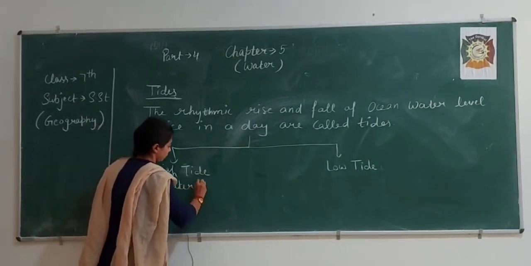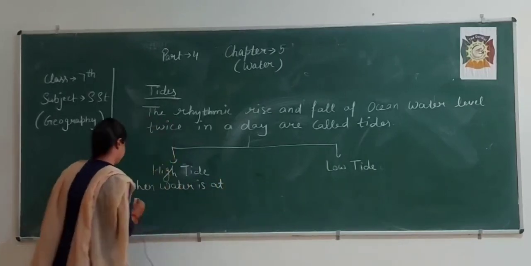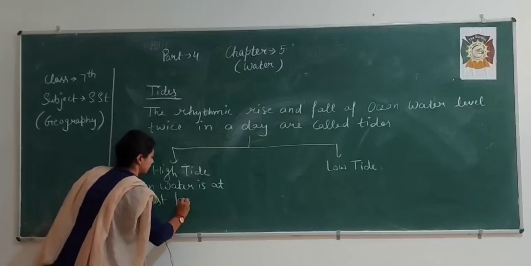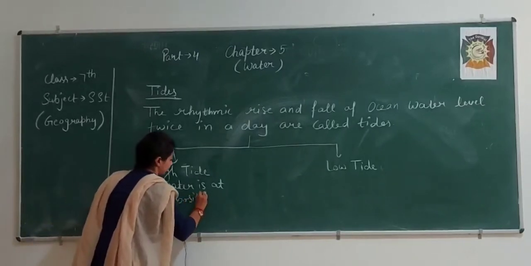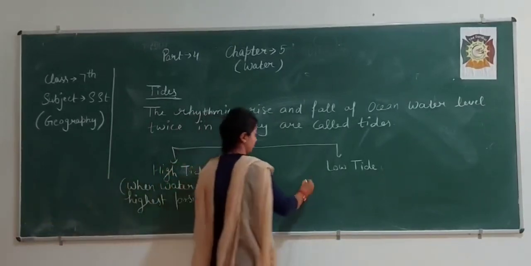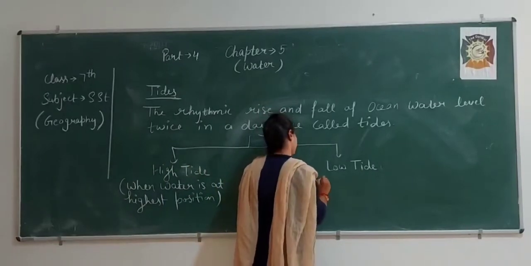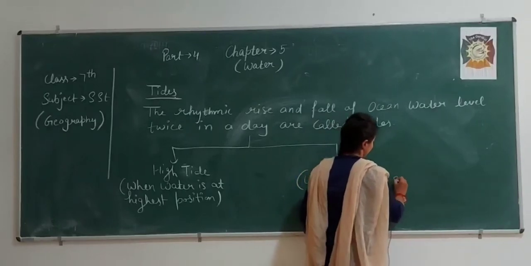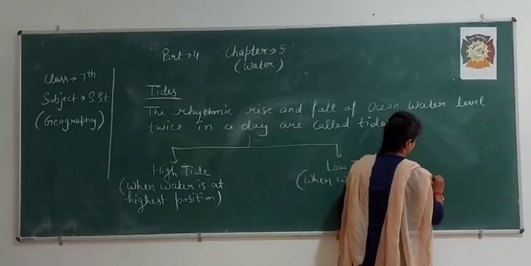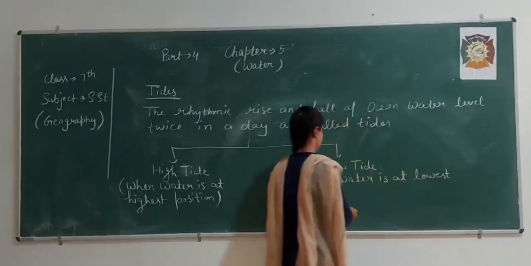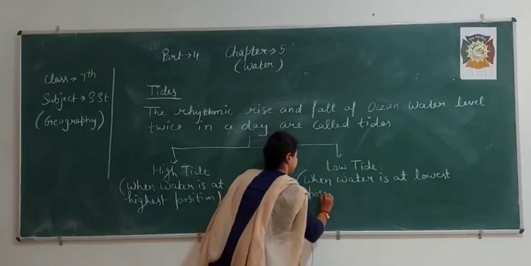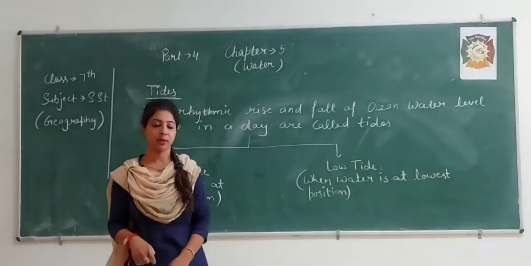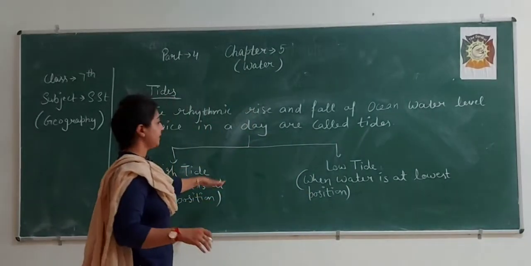When water is at highest position is called high tide. When water is at lowest position is called low tide.